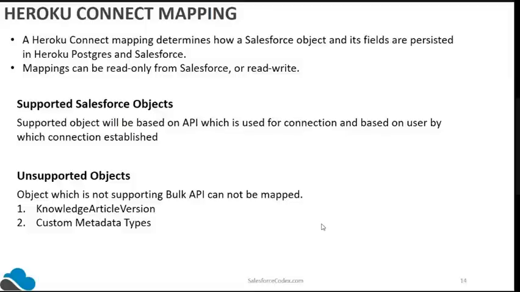So you have to push data from one system, the object in Salesforce, to the Postgres table. For that, you need mapping. Mapping basically says from which object the data will move to which Heroku Postgres table.